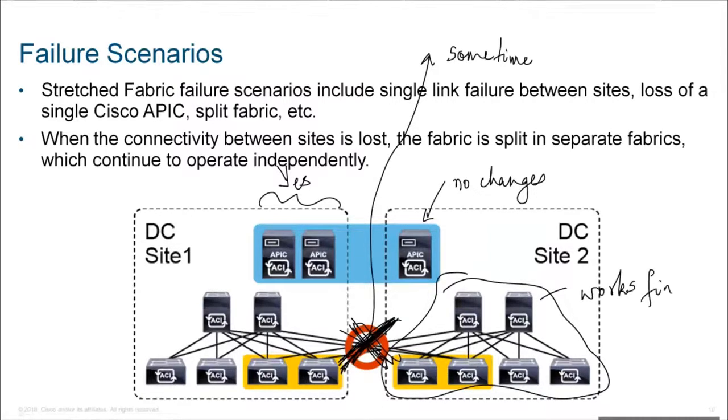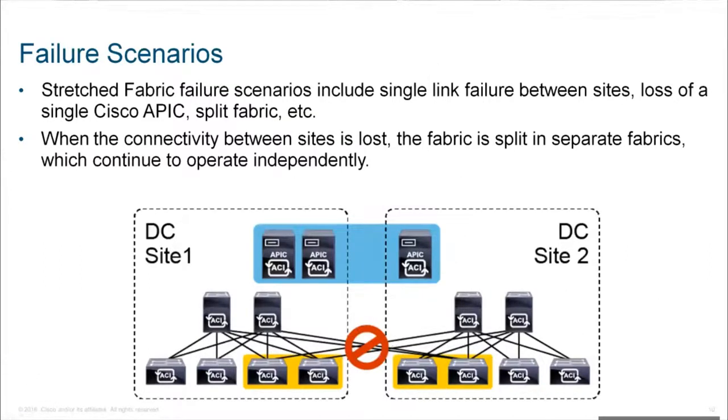You can migrate workloads across because you still have the spines, and the APIC here can get informed about migration of workloads and so on. So it'll continue to work fine, but I wouldn't recommend trying to recover the site and make changes. And I'll tell you the reason why. I would hope that this link is restored quickly, and then they can synchronize and become a healthy cluster again. That's my best hope. If it doesn't, we'll look at what we should do.